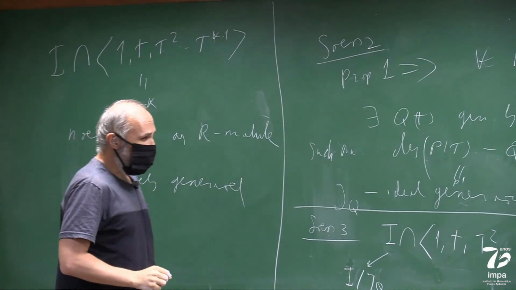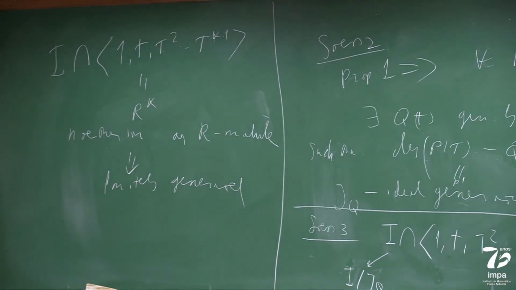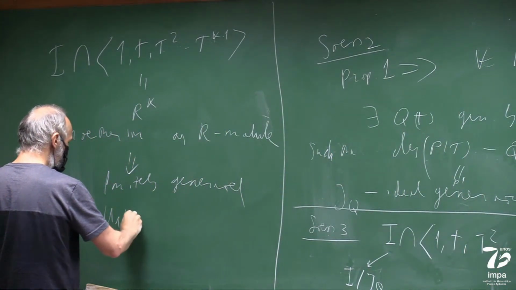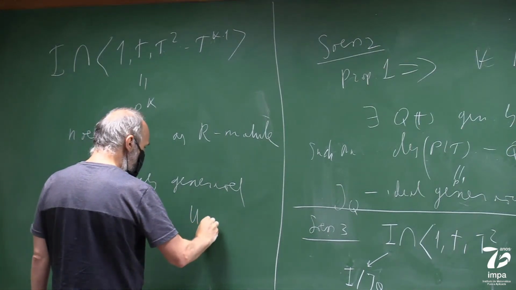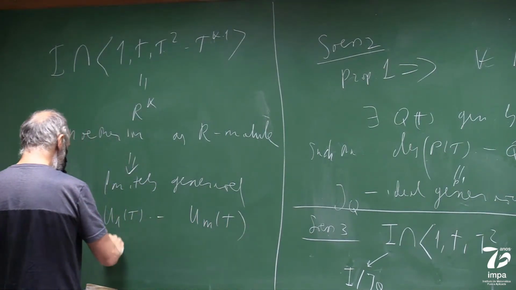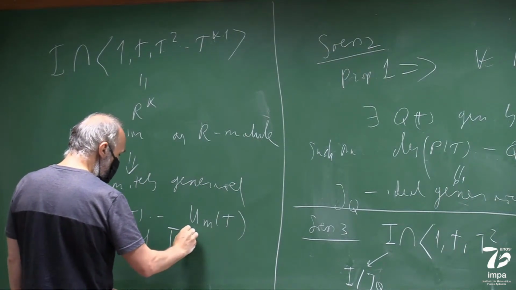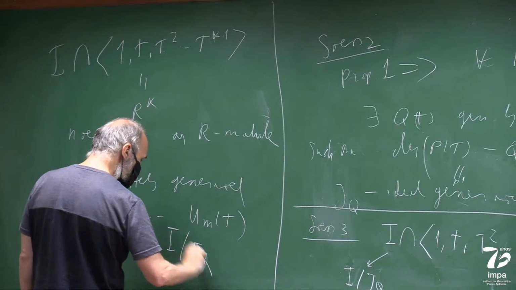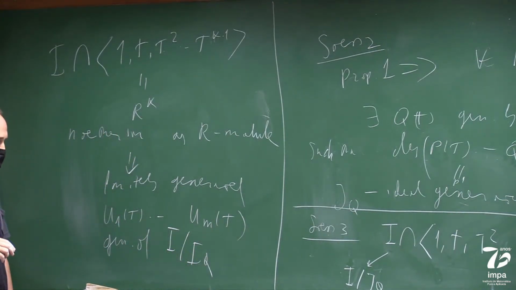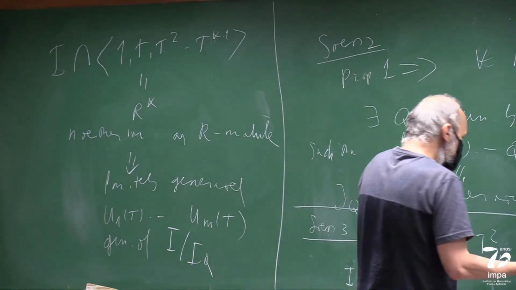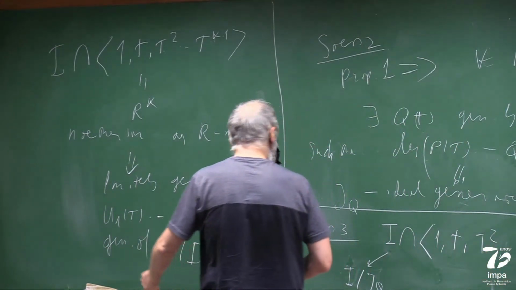And denote its generators by, I think it was ui here, u1 up to um. Um of t are generators of I over IQ. They are generators over R, but then they are generators over R of t as well.